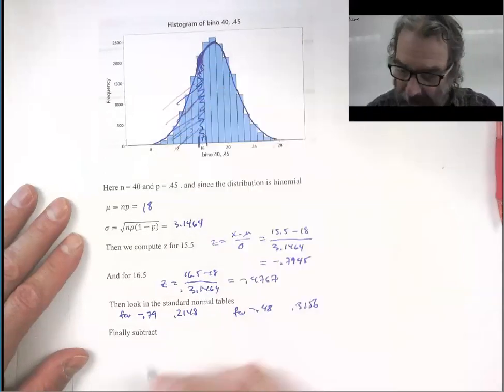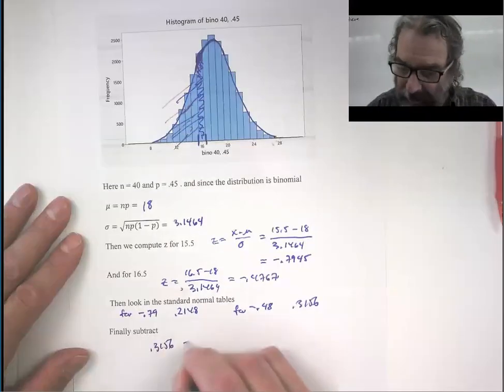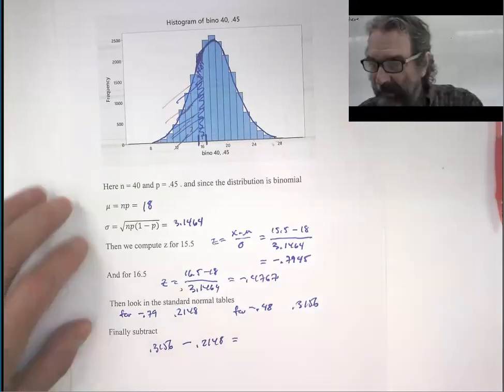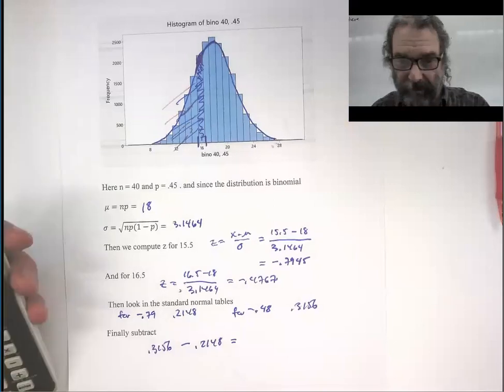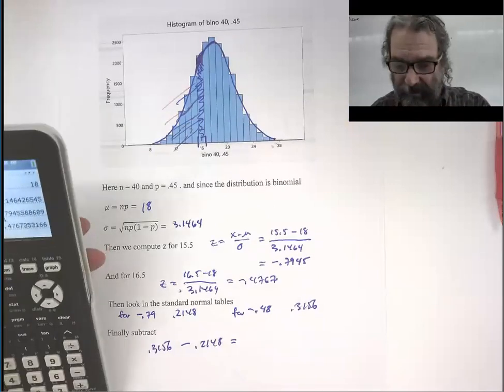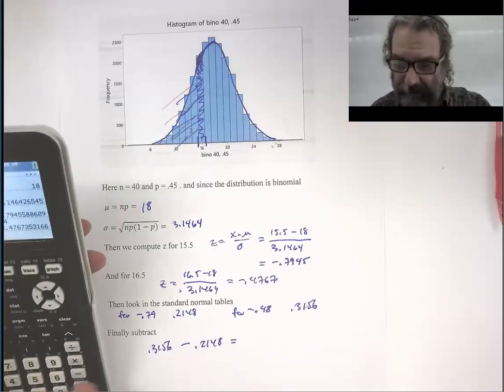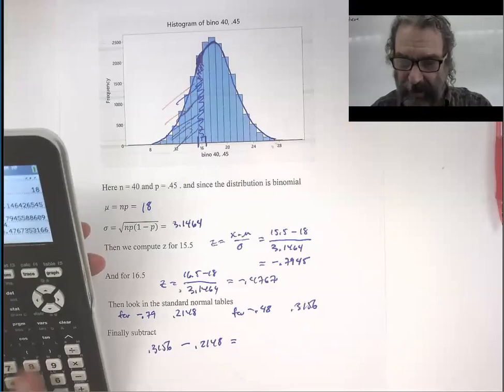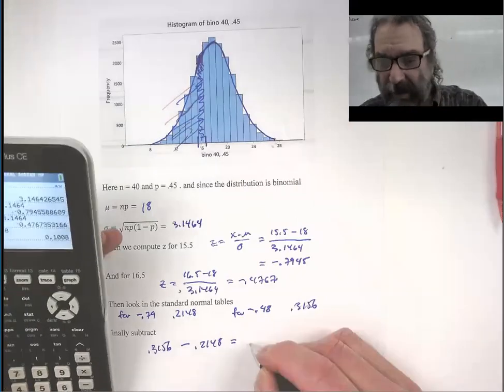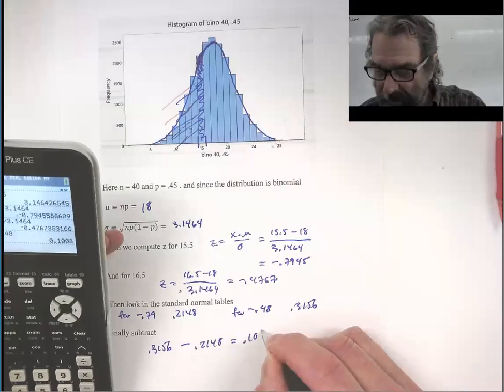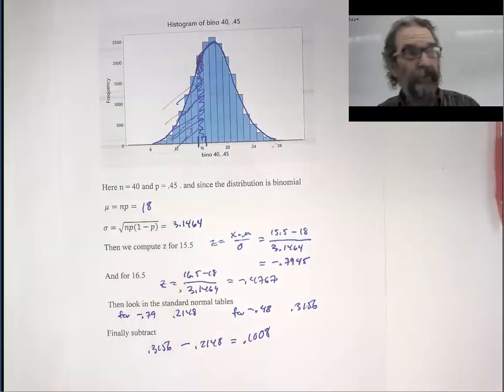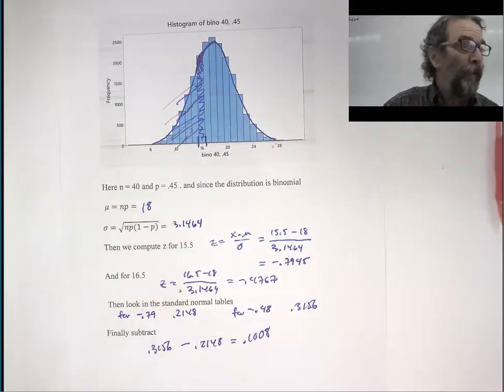So we'll take 0.3156 and subtract off 0.2148. Okay, let's try that out. 0.3156 minus 0.2148. So I get 0.1008. So that's the approximate area.